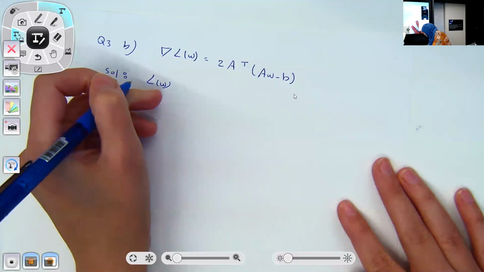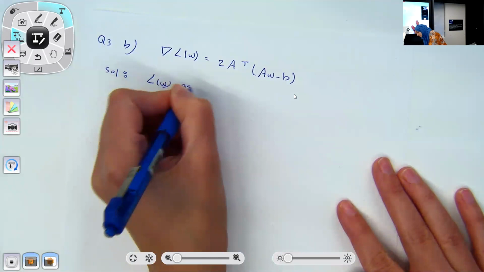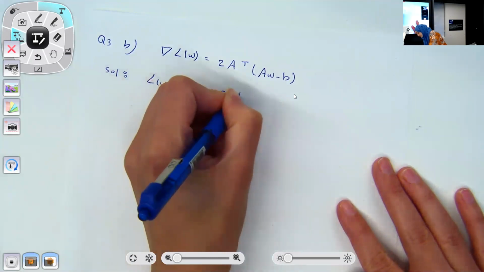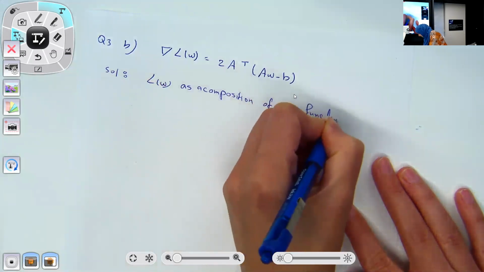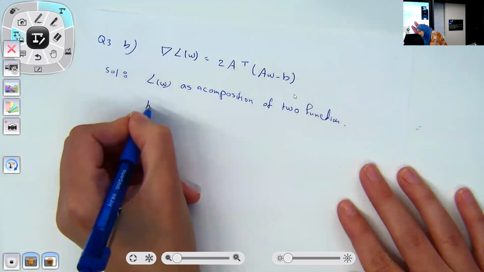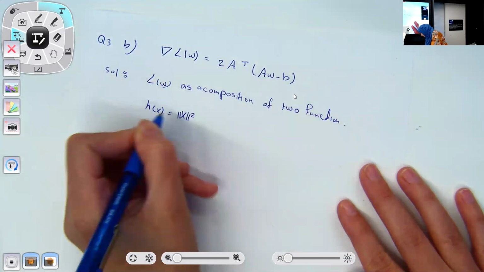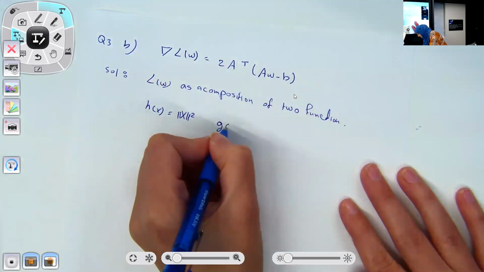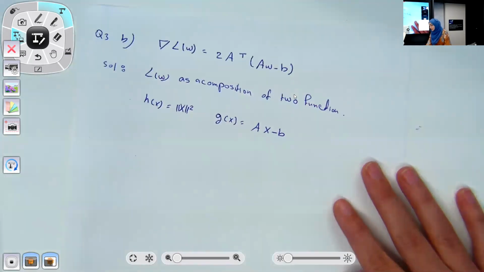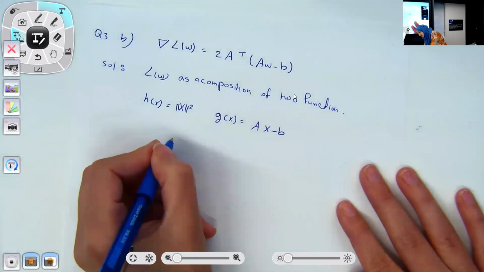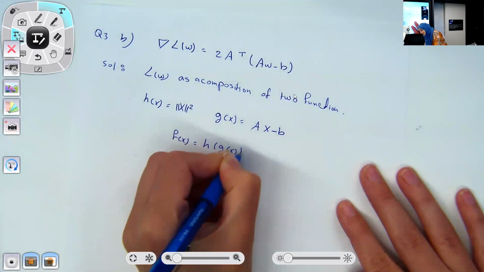For example, we can write h of x equals the norm of x squared, and g of x equals Ax minus b. So we can write f of x equals h of g of x.